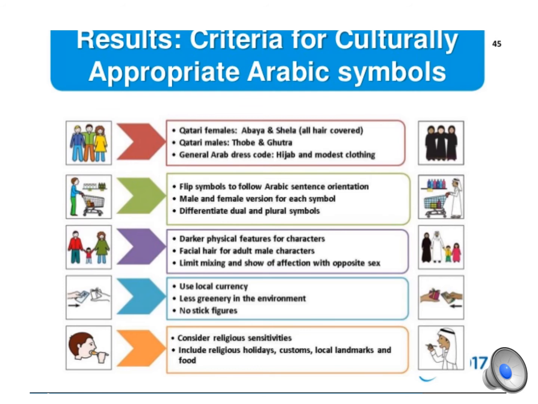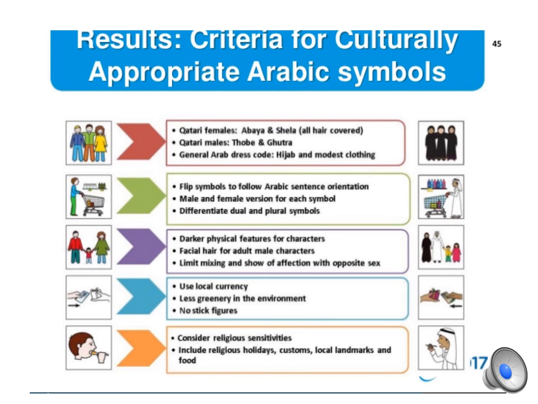You notice the one in the center where there's a mom and a dad and a little child in the middle. They changed the symbol so that there were darker physical features for the characters, facial hair for the adult male, a headscarf and a burqa for the female, the mom, and very limited showing of affection with the opposite sex.